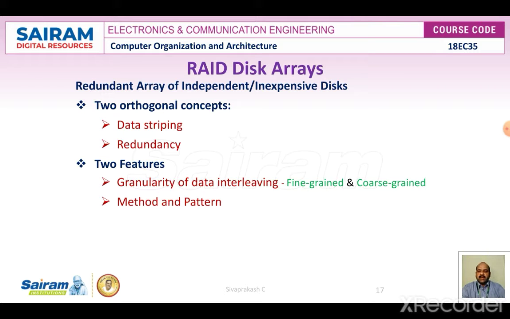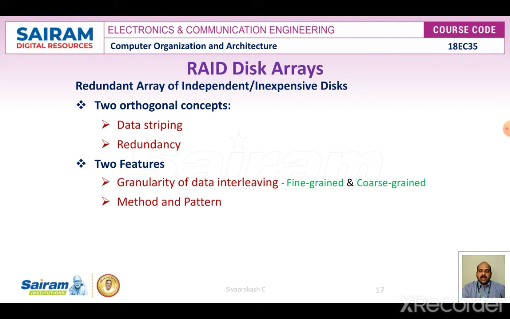The first one is the granularity of data interleaving, which is subclassified into fine grained and coarse grained. What actually is fine grain? It results in high data transfer for all IOs, but has the disadvantage that only one logical IO request can be in service at one time, because all the disks are needed for each IO. The second disadvantage is that all disks must take time to seek for every request.